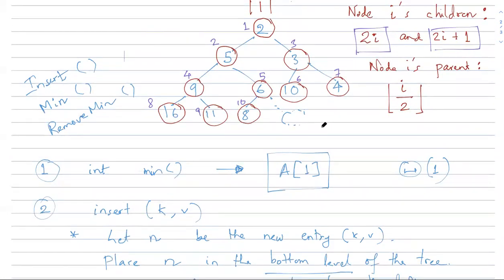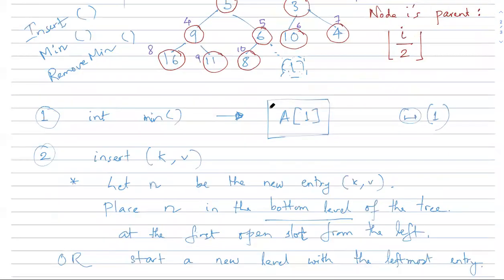Now, if I introduce, let's say, one here, clearly you can see this is going to violate the heap order property, because one is less than the parent, and the parent is supposed to contain a lesser value than the children.